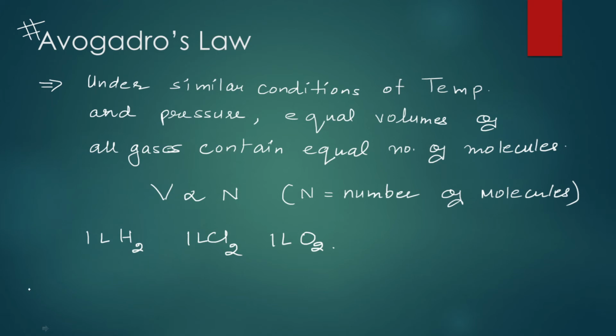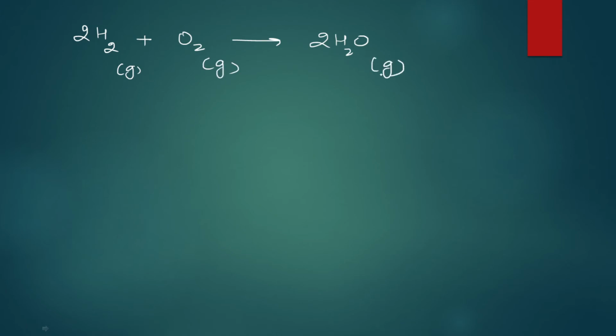Gay-Lussac and Avogadro's law that was combined together. Let's see how, suppose we are taking, again I'm taking over here formation of water, 2H2 plus O2 to give us 2H2O. ठीक है, तो ये भी गैशियस है, ये भी गैशियस है और ये भी गैशियस, तीनों गैशियस है. तो अकॉर्डिंग टू द Gay-Lussac's लॉ ये कितने हो गए वॉल्यूम, 2 volume, 1 वॉल्यूम, और ये 2 वॉल्यूम.